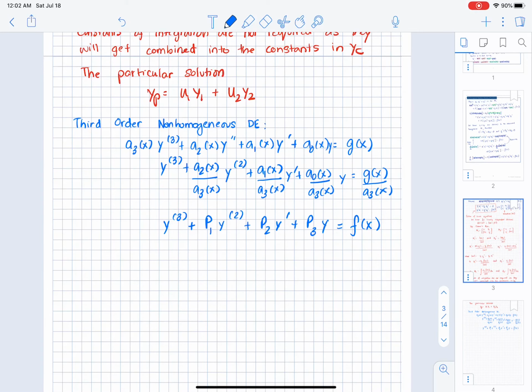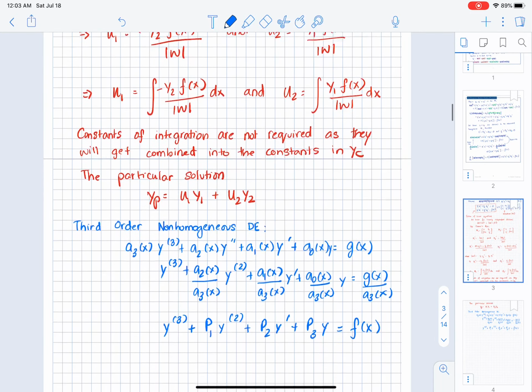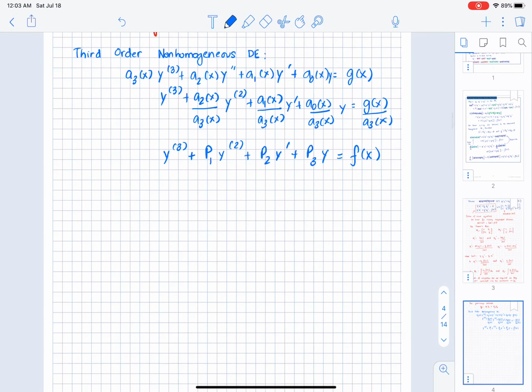This would result in a system of equations. It follows the exact derivation that we did here. It's just painful. So we would go directly to the generalized solution.